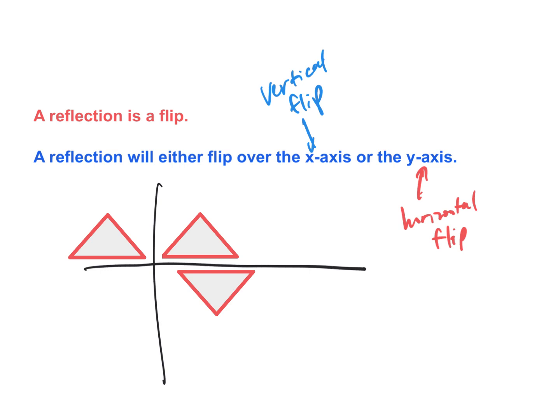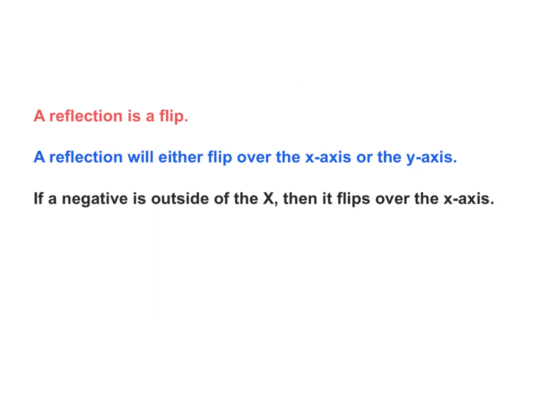Anyway, those are the two examples. Now, let me show you what they look like and how you can tell by looking at the numbers what happened. So you're looking for negative symbols now. You're looking for a negative. We're sticking with that inside-outside idea. If the negative is outside the x, then it flips over the x-axis.